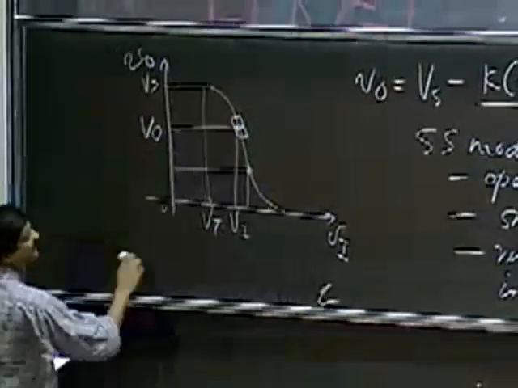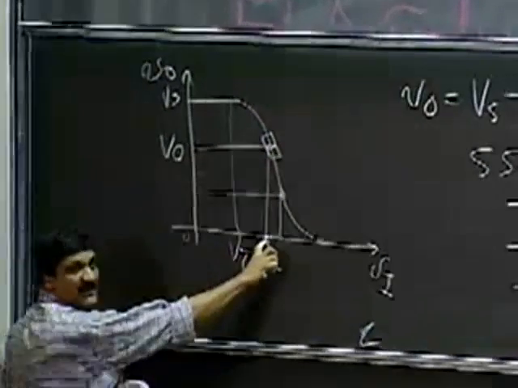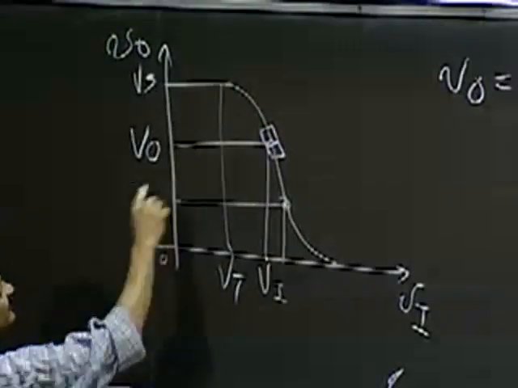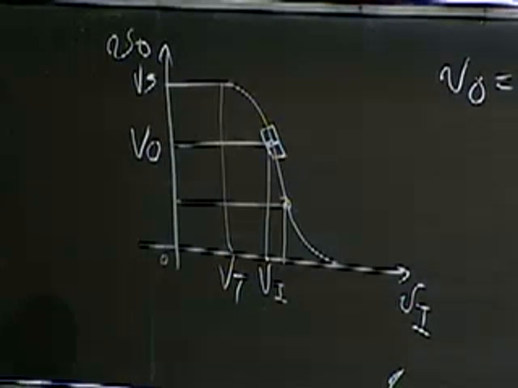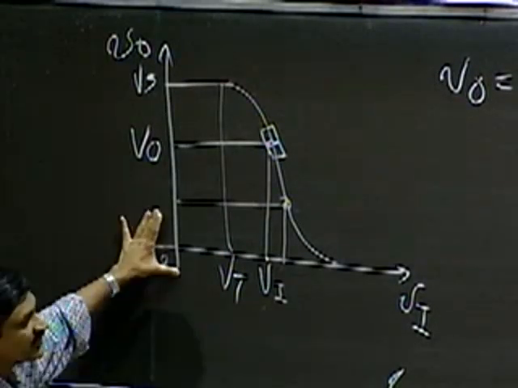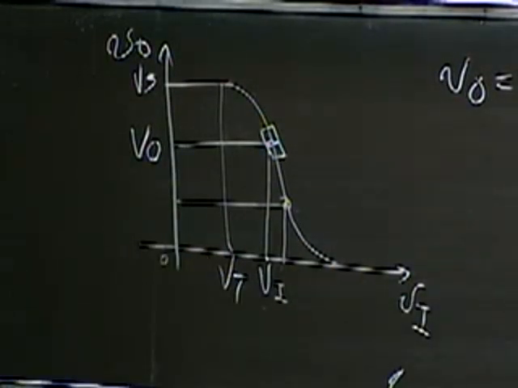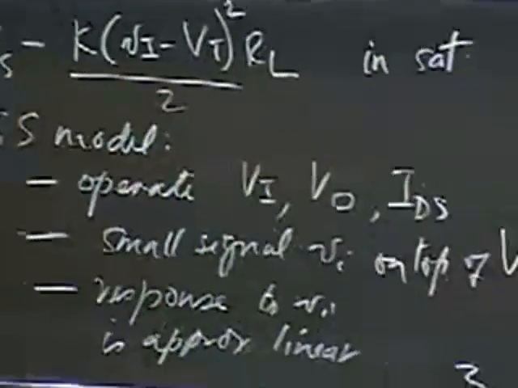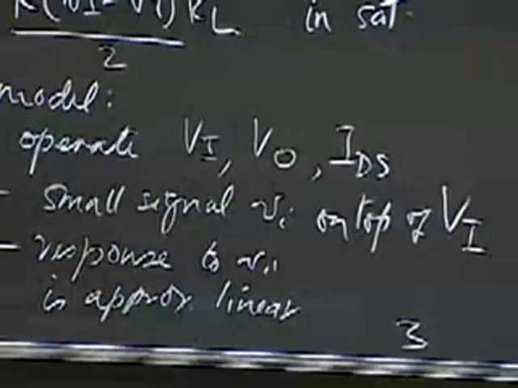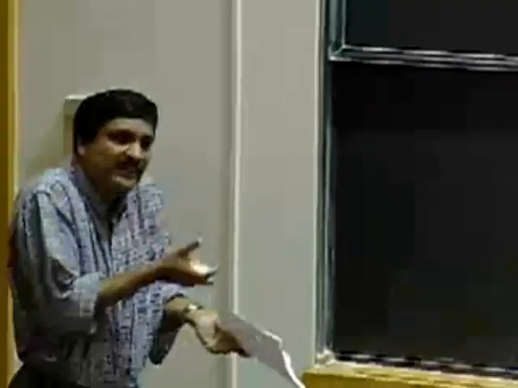Notice that in this situation, this was my VI, which is my bias voltage. This is V naught, which is the output bias. And of course, not shown on this graph is the output operating current, which is IDS. Okay? So one nice way of thinking about this is to redraw this and think that your coordinate axes have kind of shifted in the following manner.